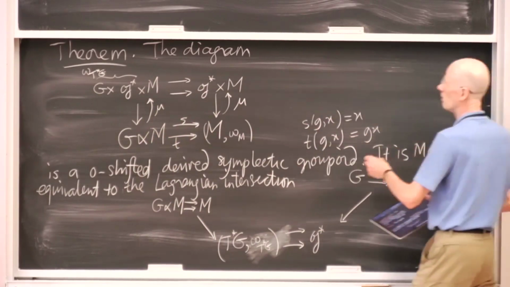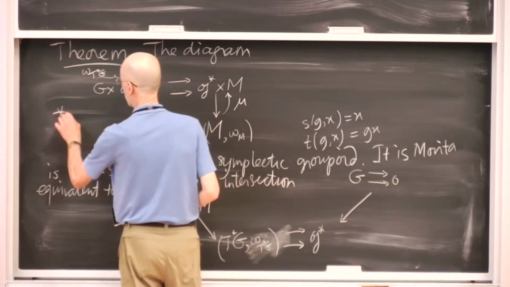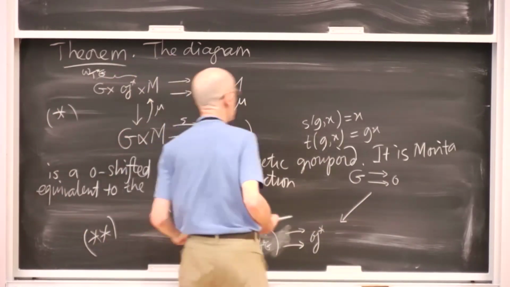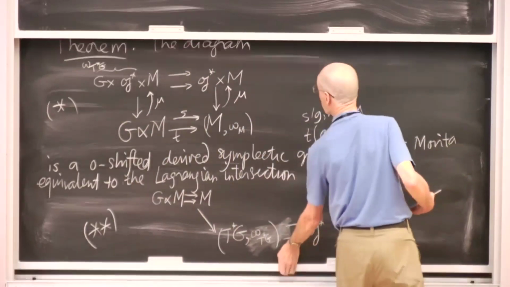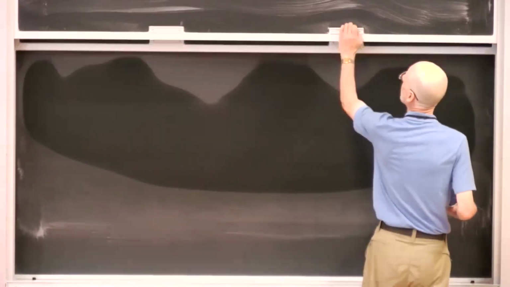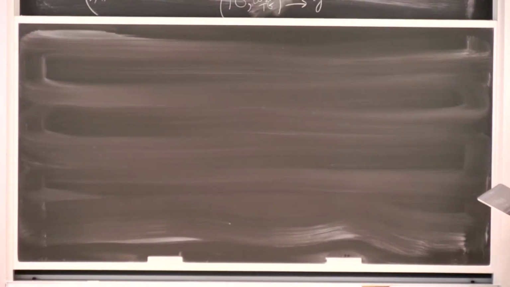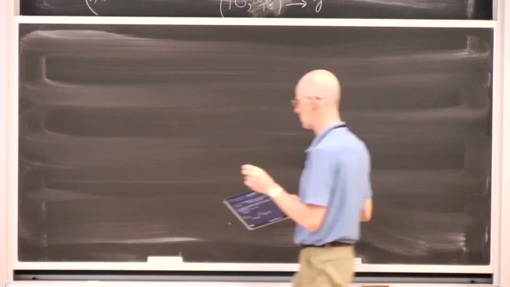We label them. So either of these diagrams we will call the derived symplectic quotient.